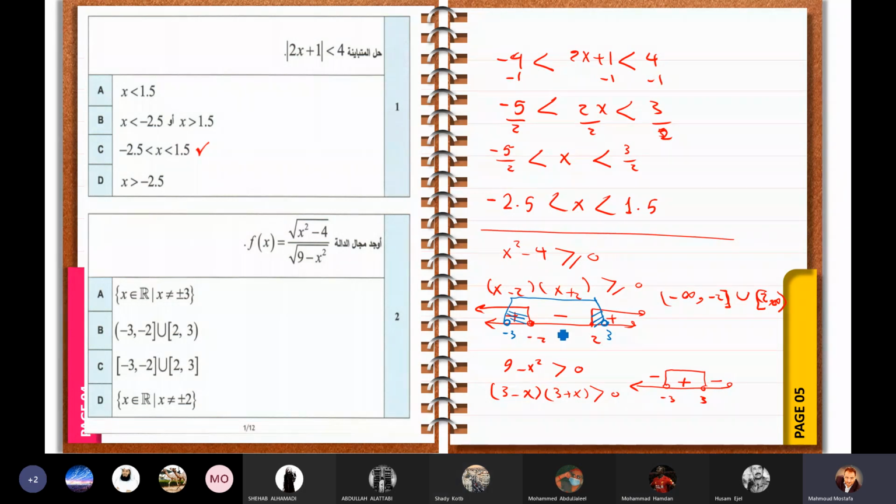Yes. The common area. Okay. So we have -3, -2 open, closed, union 2 closed to 3 open. Okay, boys? Okay, teacher.